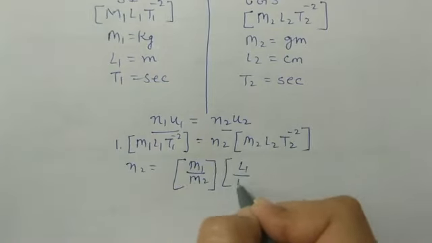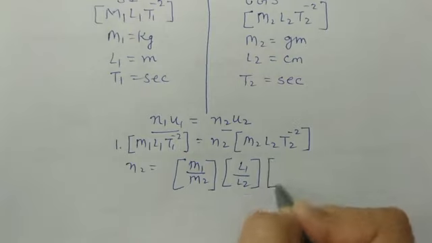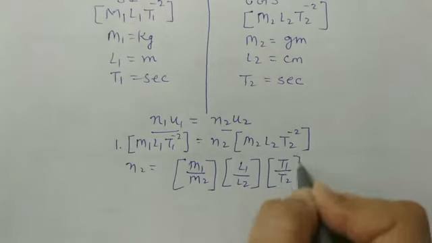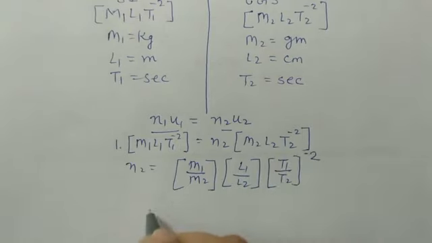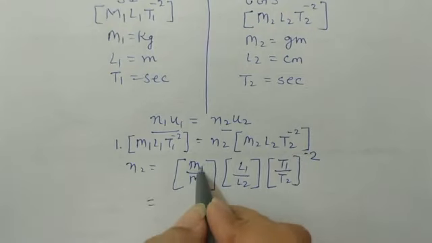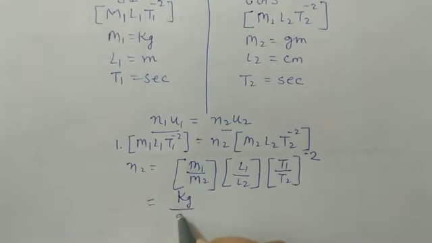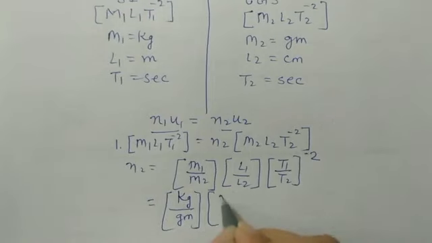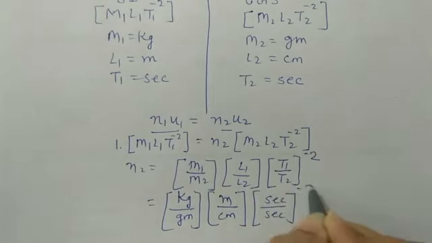This is L1 upon L2. This is T1 upon T2 raised to power minus 2. Put the values here. M1 is kg, M2 is gram, L1 is meter, L2 is centimeter, T1 is second, T2 is also second, power minus 2.